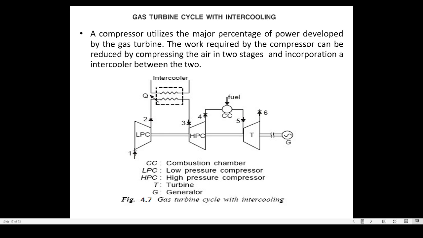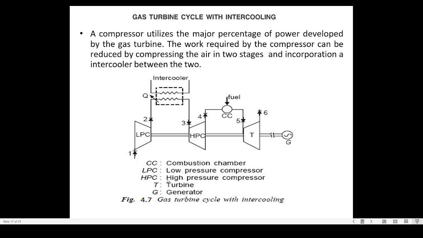Let us start with the gas turbine cycle with intercooling arrangement. Now if we see the layout for this particular cycle, we have this LPC, then HPC, and we have this T. LPC is the low pressure compressor.